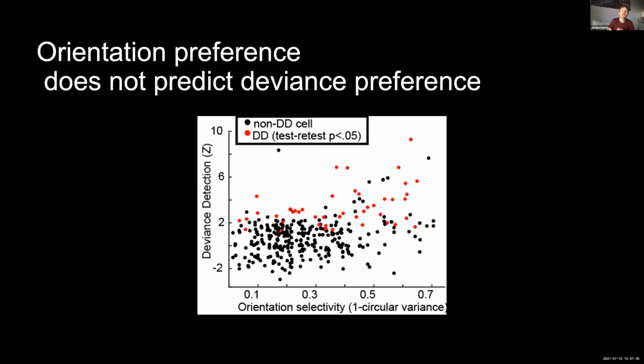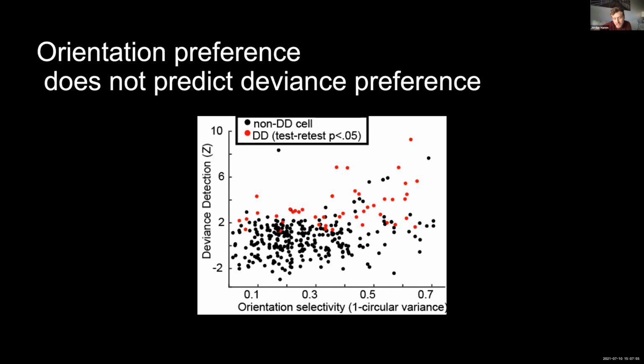Another thing to point out is that we can call these context preference or deviance preference. It doesn't relate in a straightforward way to orientation preference. So it's not just another proxy for very strong orientation selectivity.